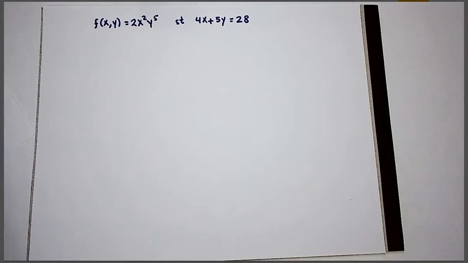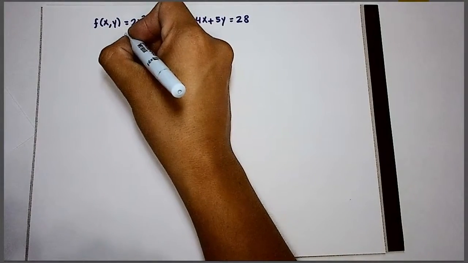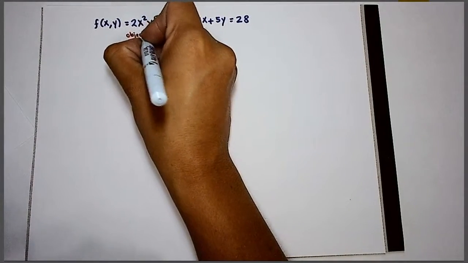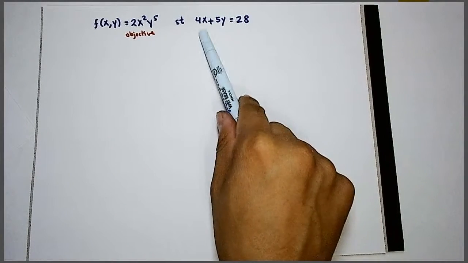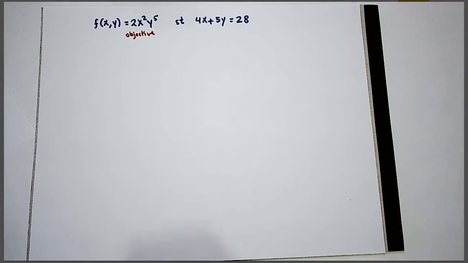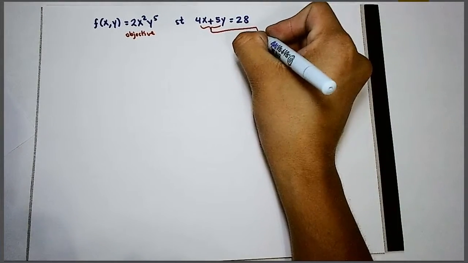To solve this constraint optimization, we need to recognize that here the f function is our objective function, and then the restriction here is the linear constraint. But in order to use it, we need to move the left-hand side to the right.